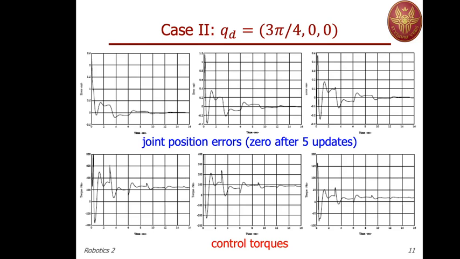Every 3 seconds, more or less, we are updating things, and we have, in this case, convergence after 5 updates. So at the end of the 5th iteration, we converge to the desired configuration. So these two convergence cases are, in fact, despite the violation of the sufficient condition on the lowest gain.